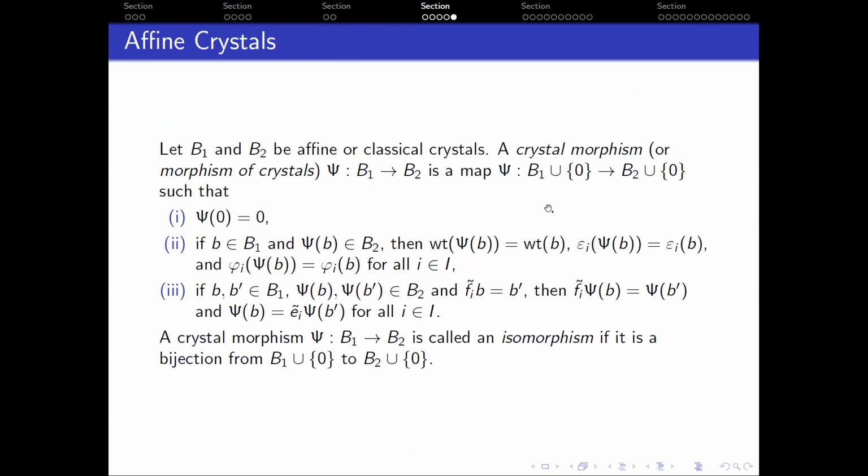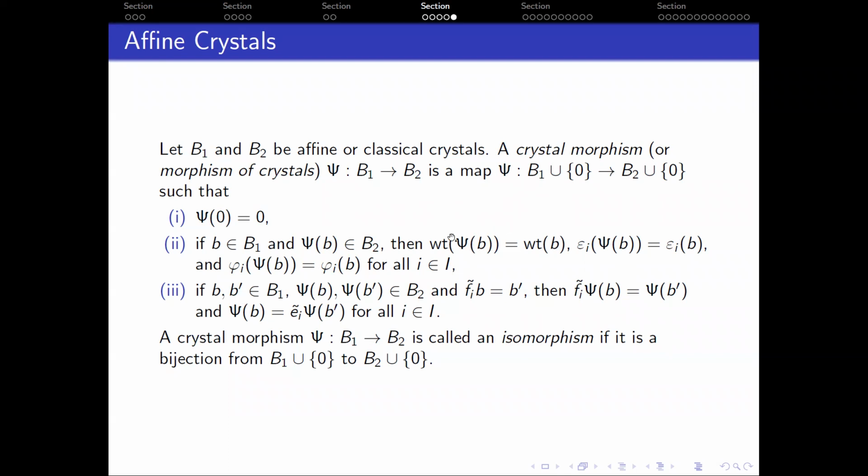Now I will define what is a crystal morphism. If we have 2 crystals, B1 and B2, we will say that they are isomorphic as crystals if there is a map C between B1 union 0 and B2 union 0, which is bijective and satisfies these 3 conditions.